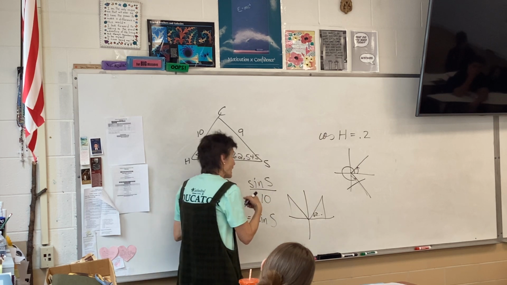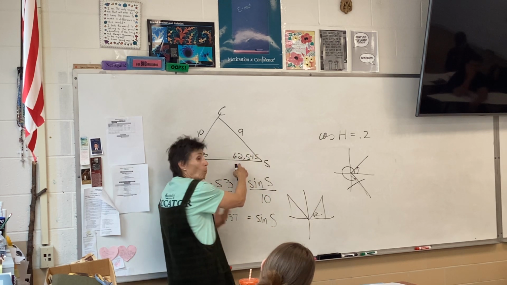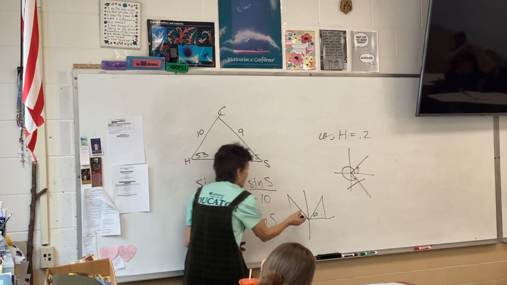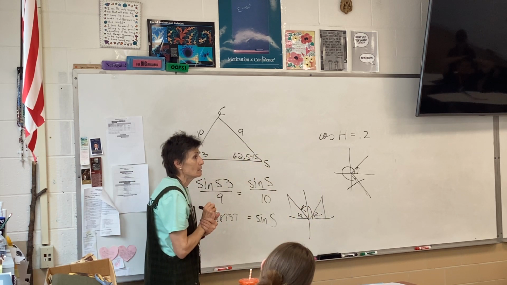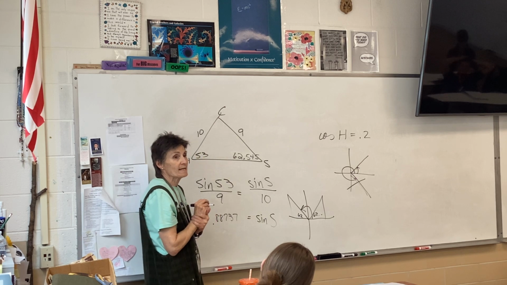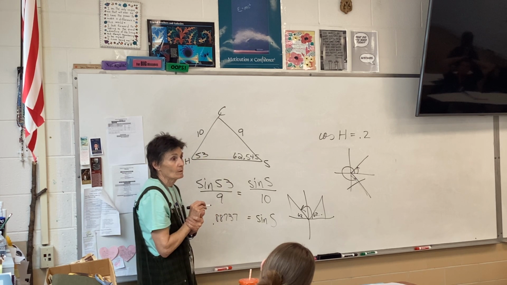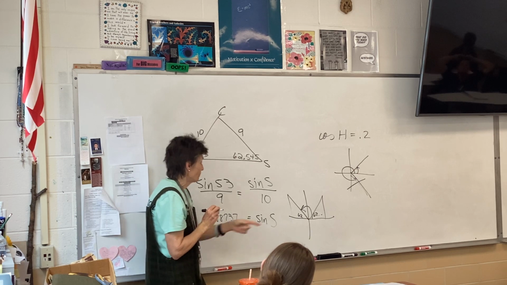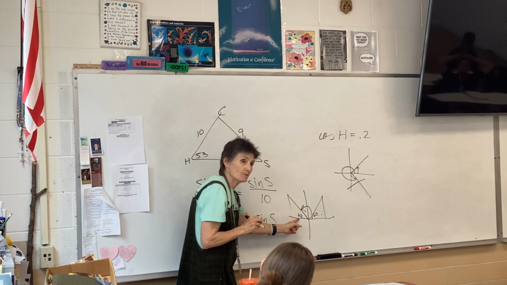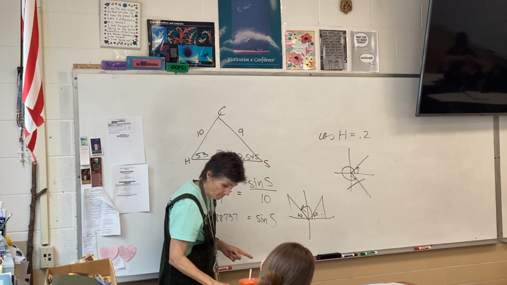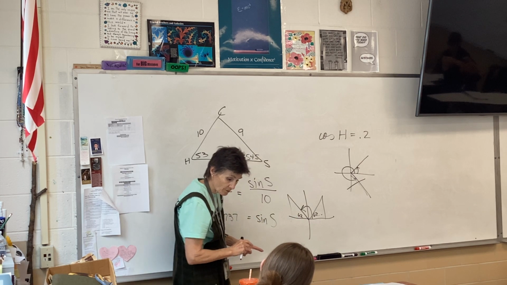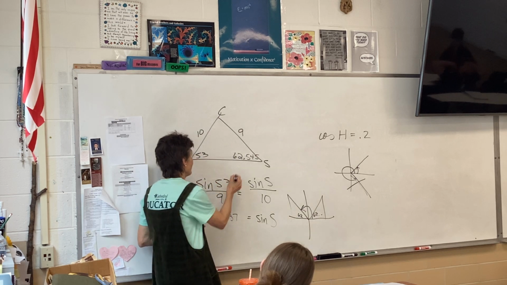So we not only have to consider the one we got, but the other one, which we will find how: 180 minus the first one. Won't this angle be 180 minus that? So that would be 117.455.